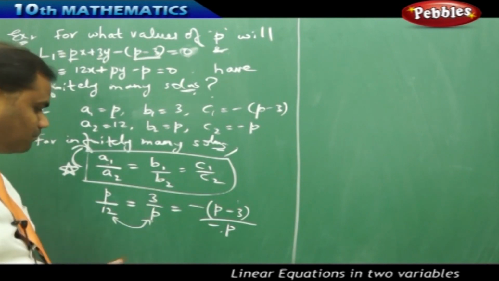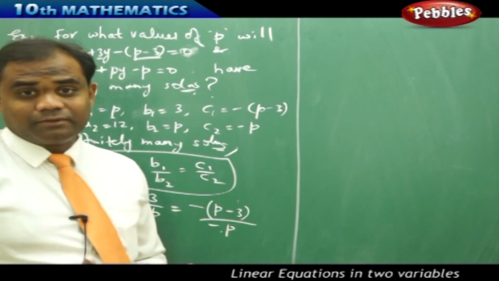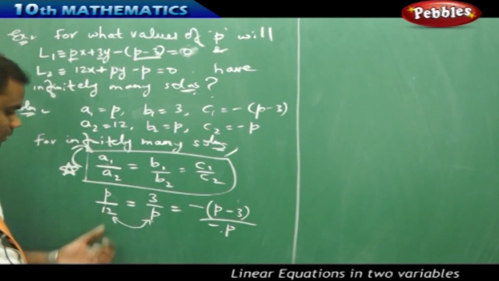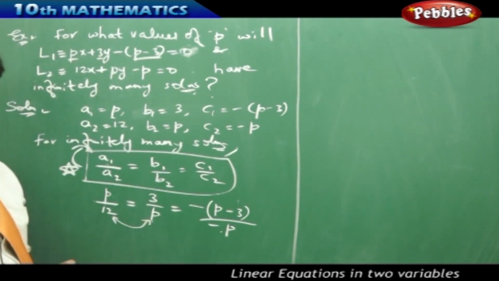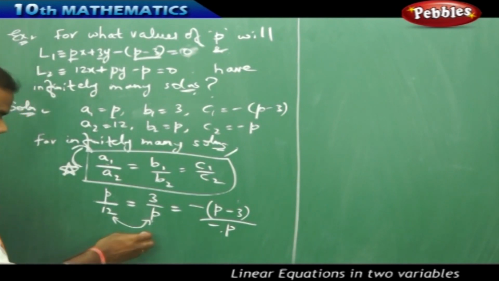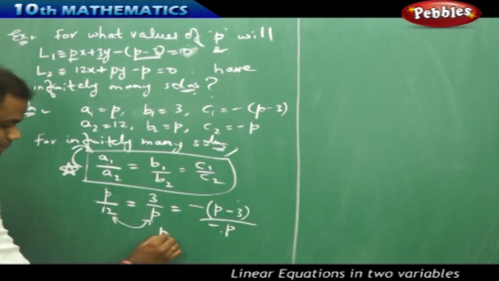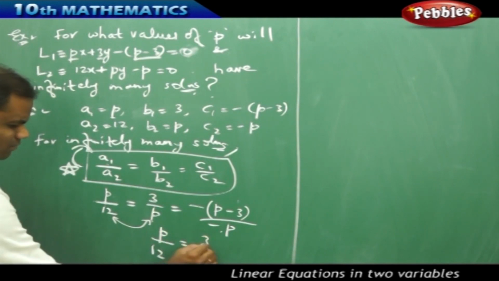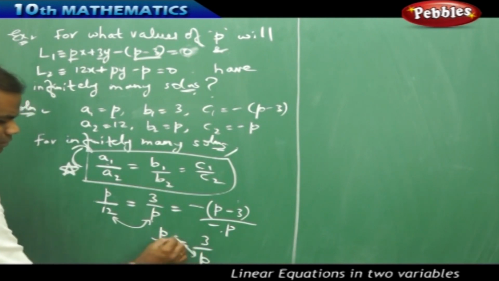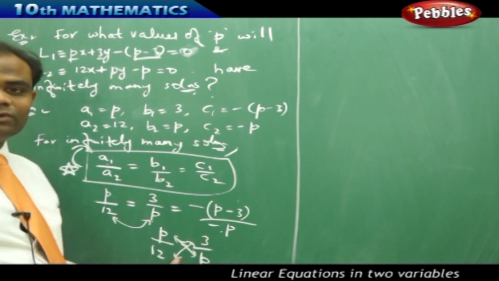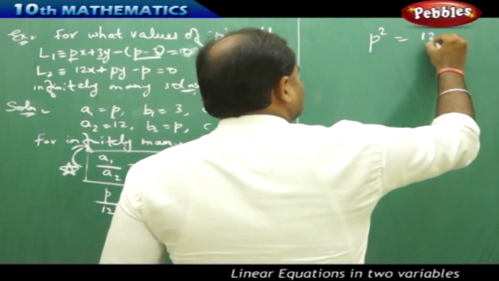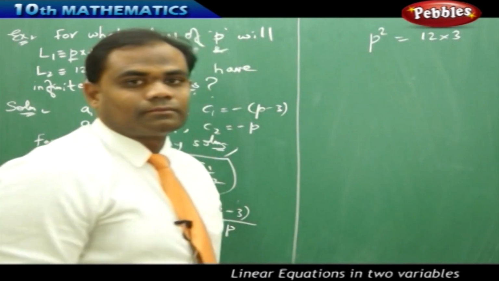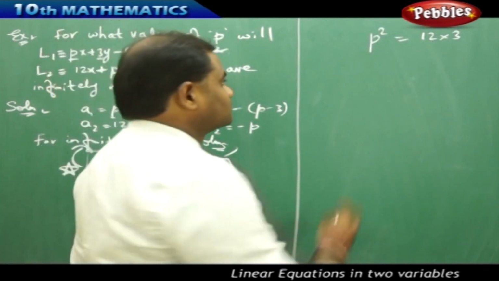I can choose any pair from which I can extract the value of P. Here I would like to take the first two fractions and find the value of P. So this being arranged as P over 12 is equal to 3 over P, which on cross multiplication would lead to P square equals 12 times 3.